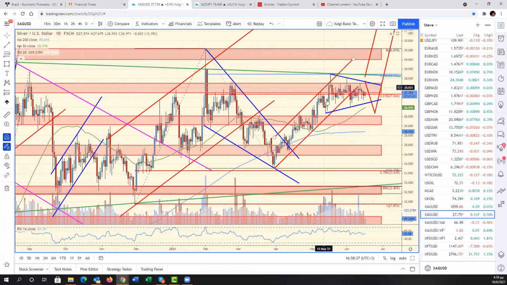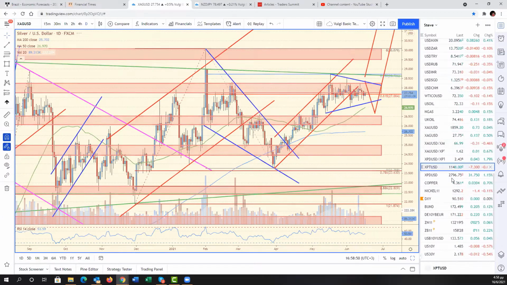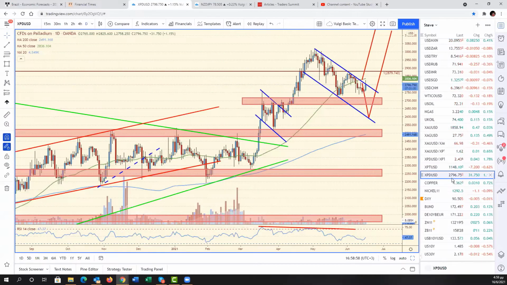Same thing with the silver market, which seems to be in a symmetrical triangle, which is a textbook consolidation. And, given the direction of the previous move higher, it should break to the upside. Platinum still weaker than the two of them, but I still think that we might be getting closer to finding a low there as well.